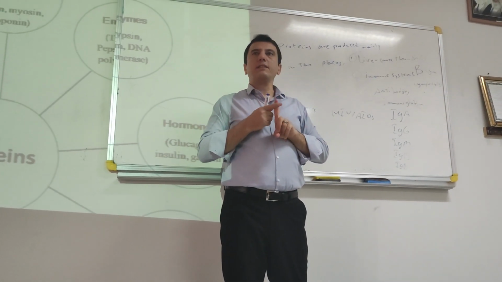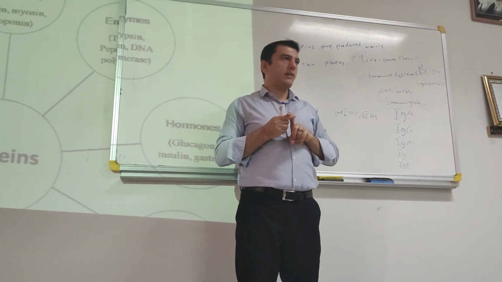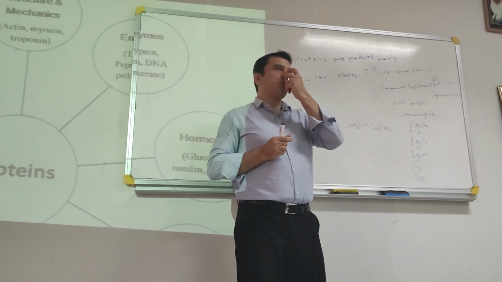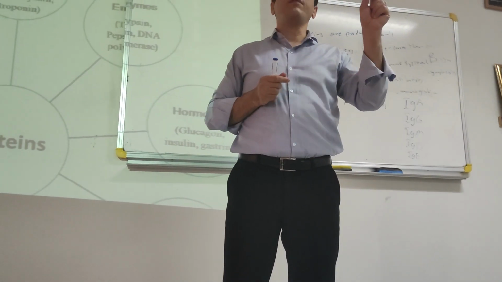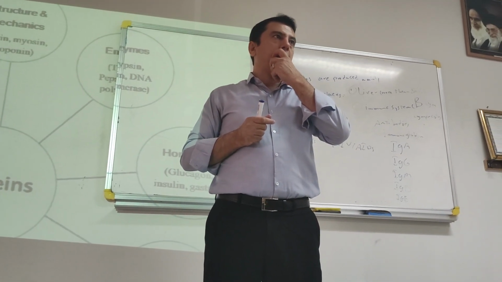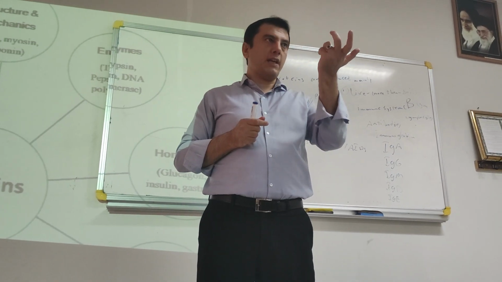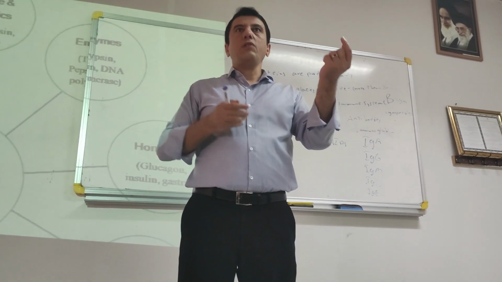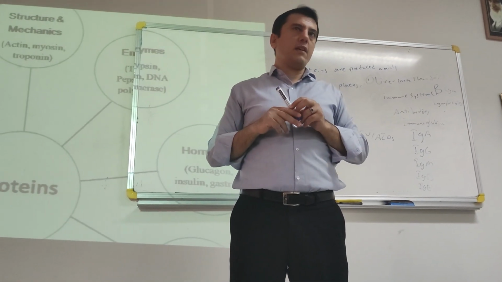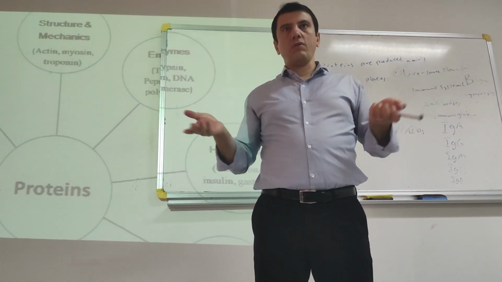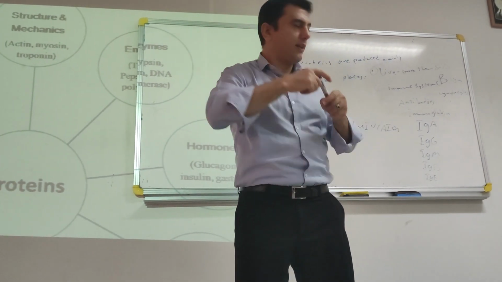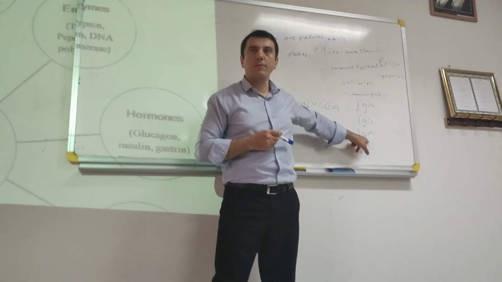IgM is the first immunoglobulin, the antibody produced in the first step of any infection. For example, when you suffer from hepatitis or flu, the first immunoglobulin against this virus is IgM.